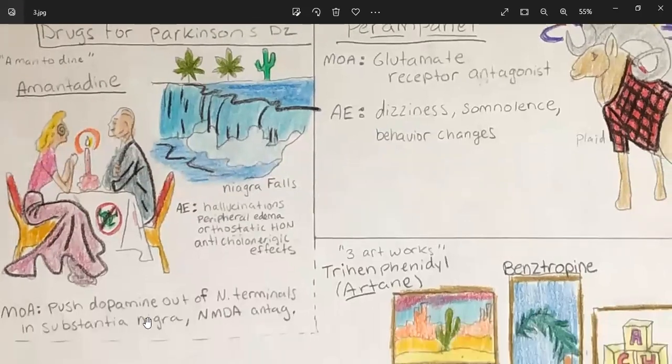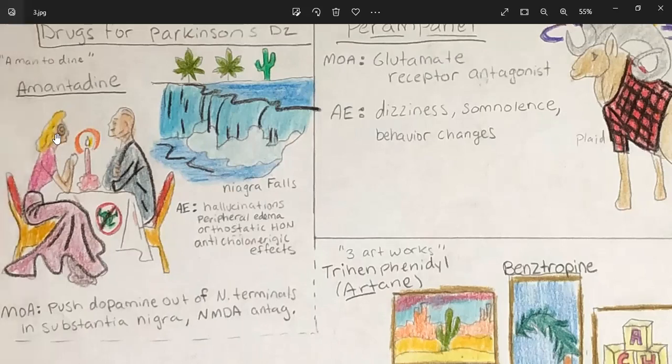So Niagara Falls for substantia nigra. And it's pushing dopamine. So we have this tree line here, but these are obviously dope leaves. And so they're being pushed along the falls, I guess. So dopamine. And then adverse effects are hallucinations.